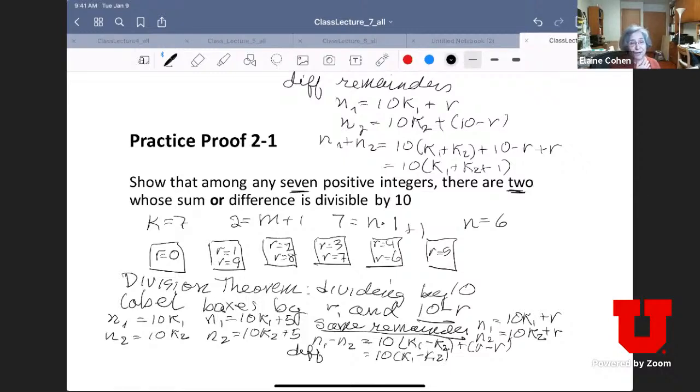Suppose you had 8 positive integers and the rest of the problem read exactly the same. Okay. Then you would sort of scratch your head and say, I can't do it. There's nothing. I can't get it into the form k equals n times m plus 1.